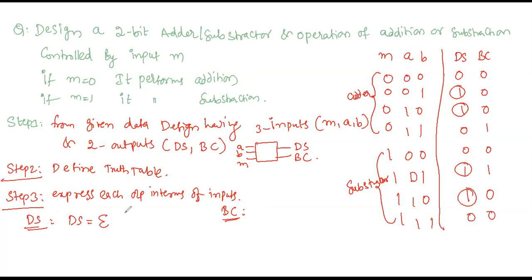DS is equal to sigma, wherever it is 1: minterms 1, 2, 5, 6. Similarly, BC: minterms 3 and 5.